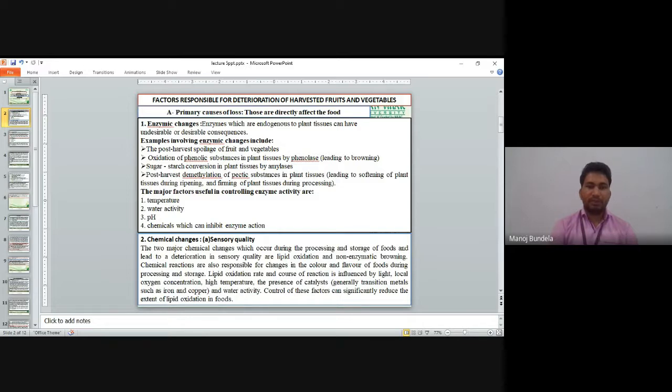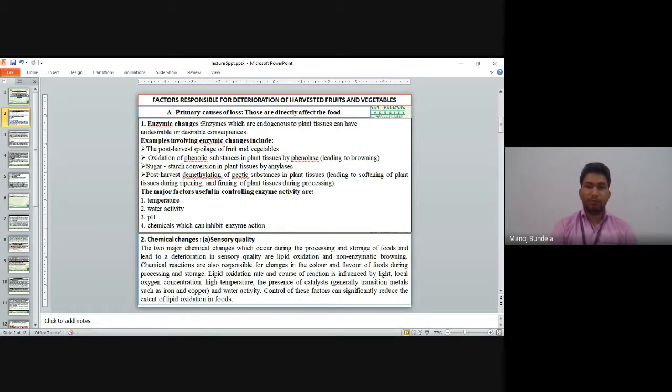Post-harvest demethylation of pectin substances in plant tissue leads to the softening of the plant tissue during ripening and firming of plant tissue during processing. Meaning due to the process of demethylation, what will happen?